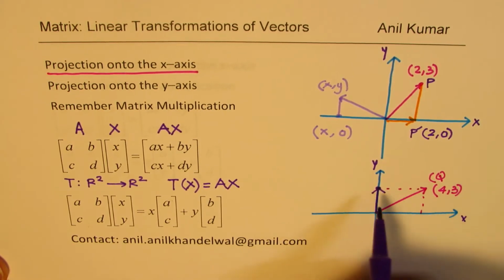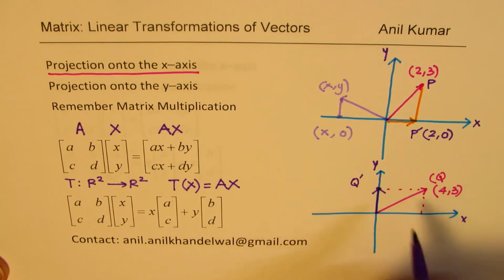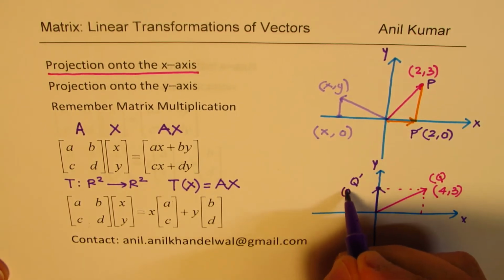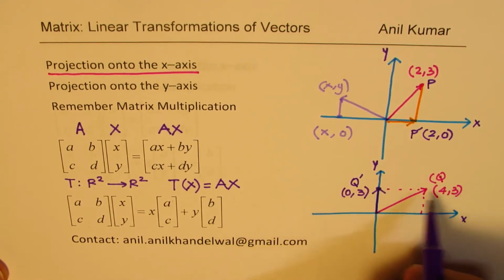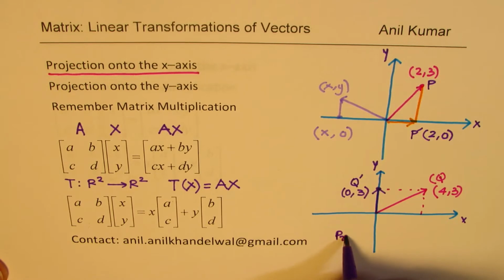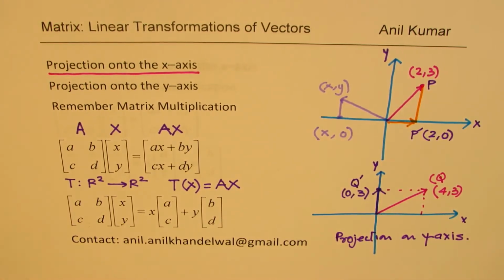That point. Now if you see, Q dash in this particular case will be what? The x value now becomes 0 and the y remains the same, 3. So that becomes the projection on the y-axis. Is that clear? Clear.